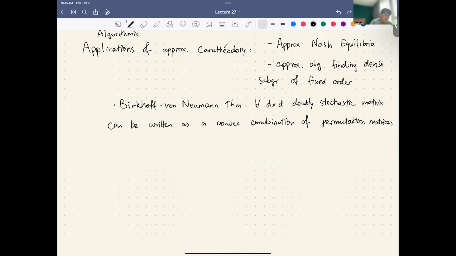The approximate version means we can use big O of log d over epsilon squared permutation matrices to approximate, epsilon close entry-wise, every doubly stochastic matrix.